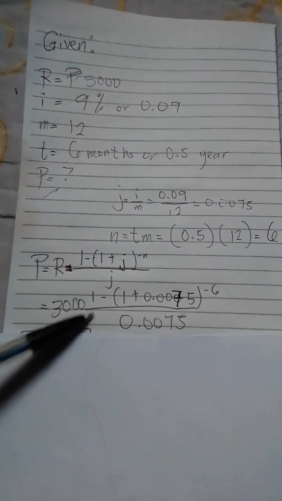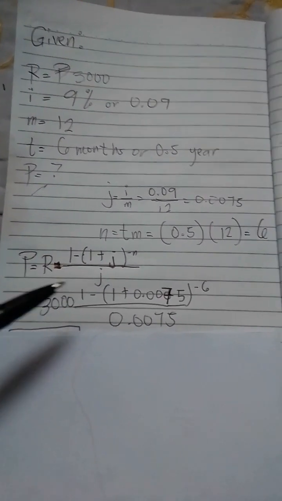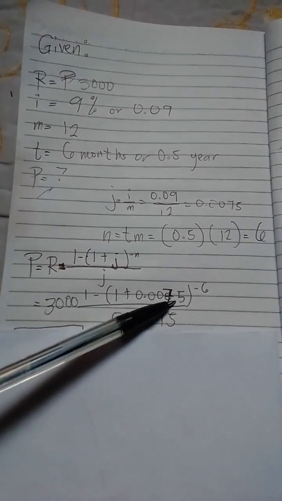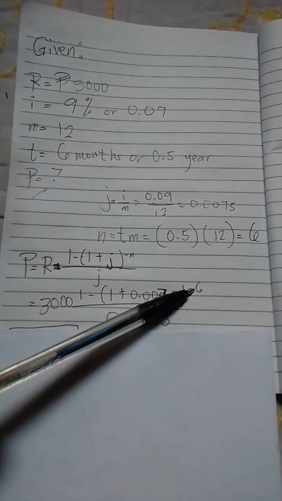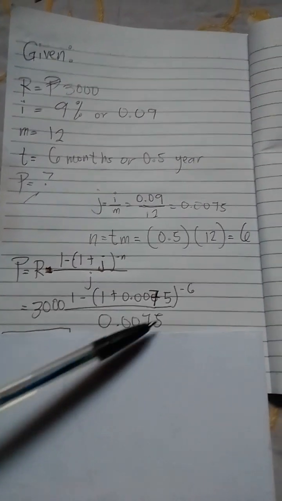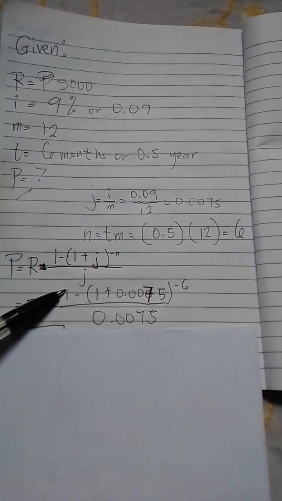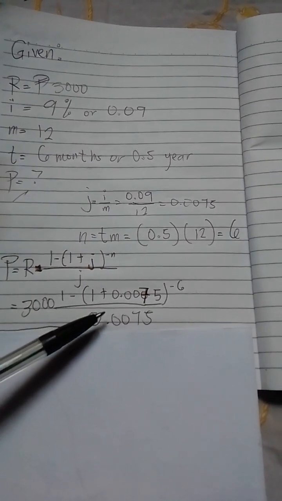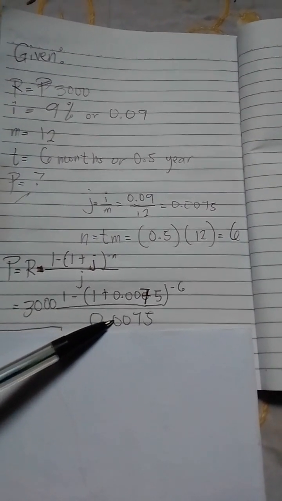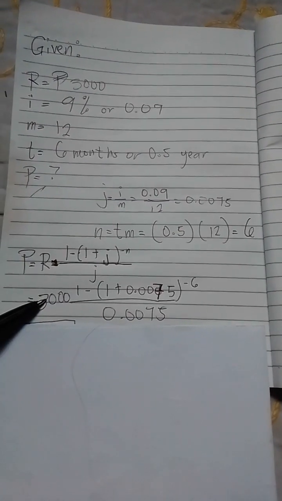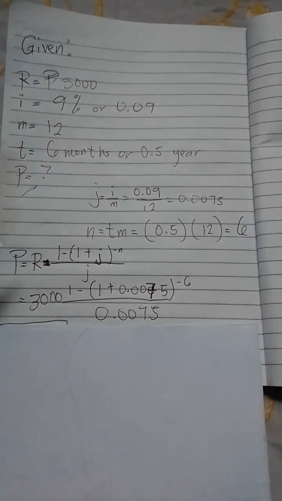So let's compute the whole. 1 plus 0.0075 raised to negative 6, then the result will be subtracted from 1. After that, divided by 0.0075 and then multiplied by 3,000.